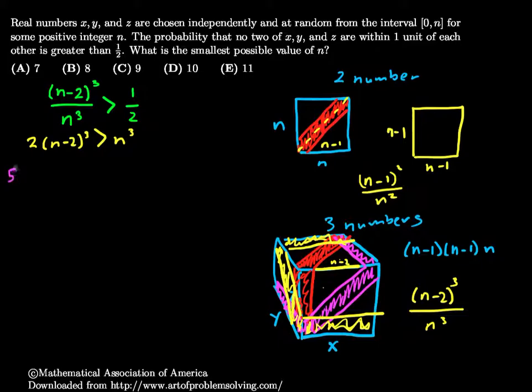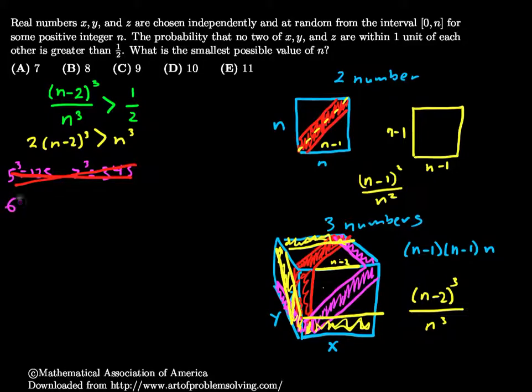We know that 5 cubed is 125 and 7 cubed is 343. Since 125 times 2 is 250, which is not bigger than 343, this is not my correct answer. So let's move on.